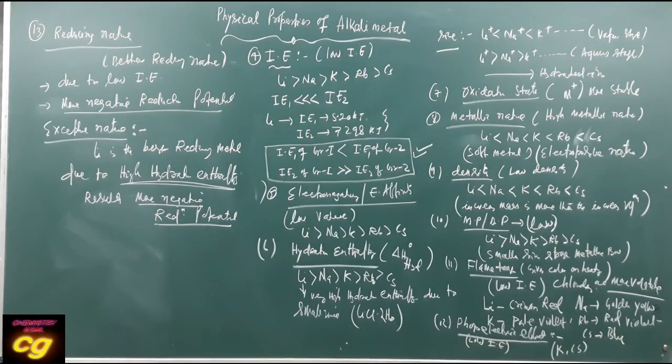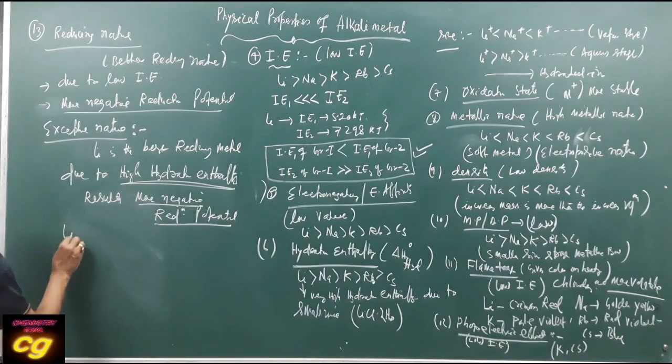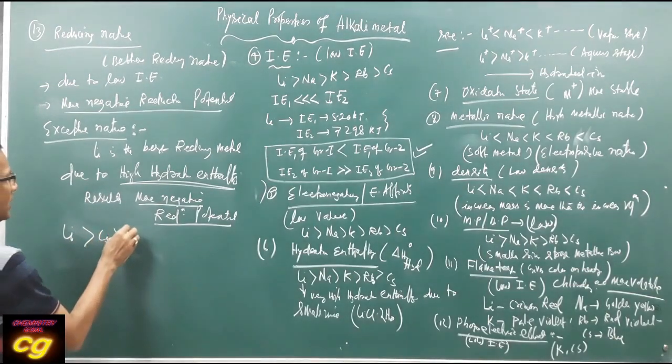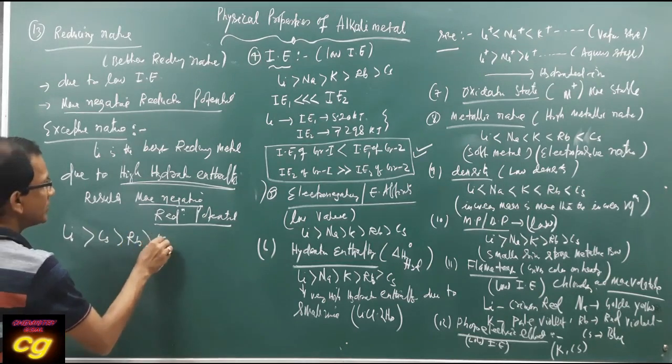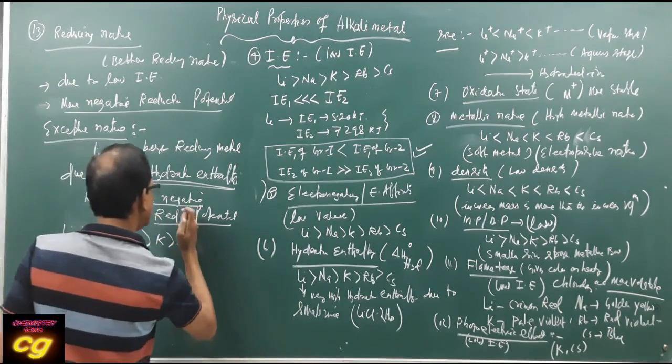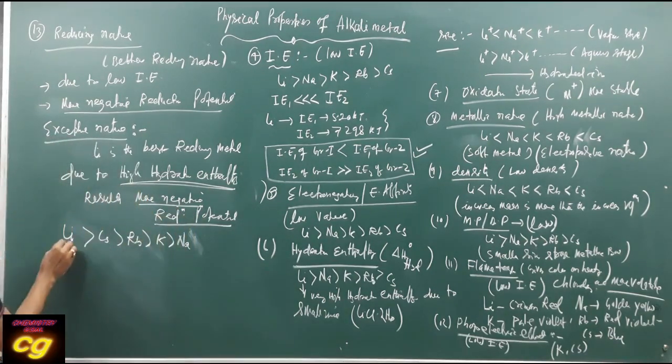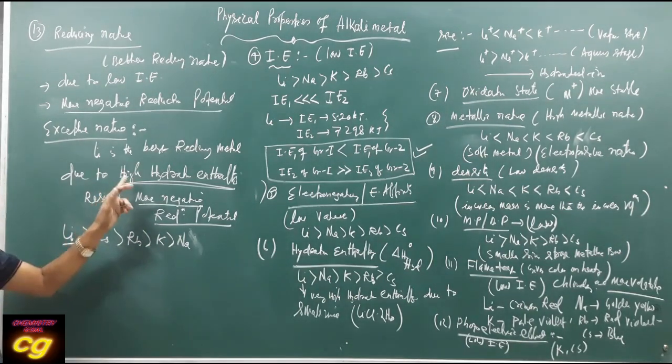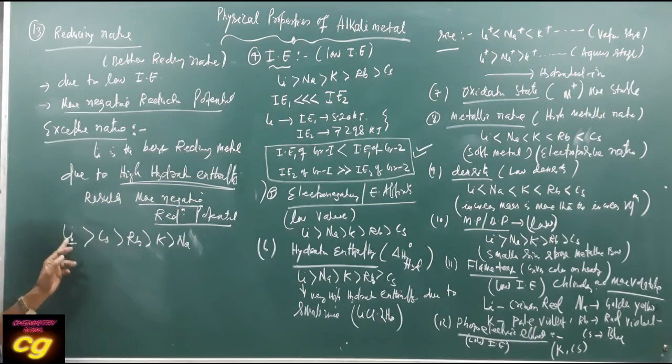So if you compare the reducing character, we have to write it like this: first lithium, then cesium, then rubidium, then potassium, then sodium. Although lithium should be the least as per the size concept, it has a high tendency to lose electrons in aqueous medium because the hydration enthalpy is much higher.